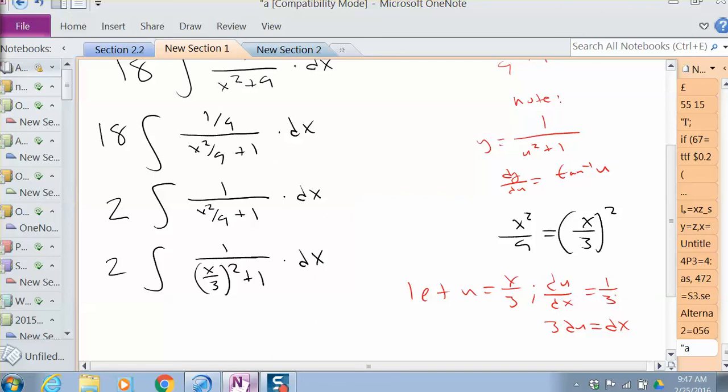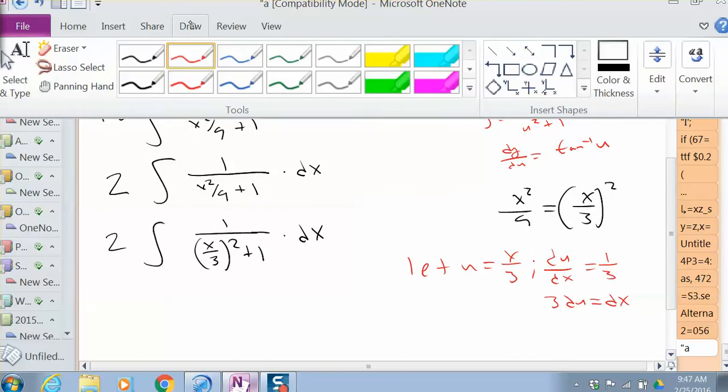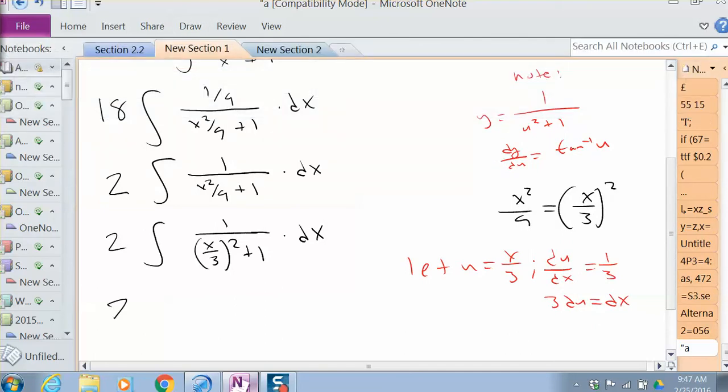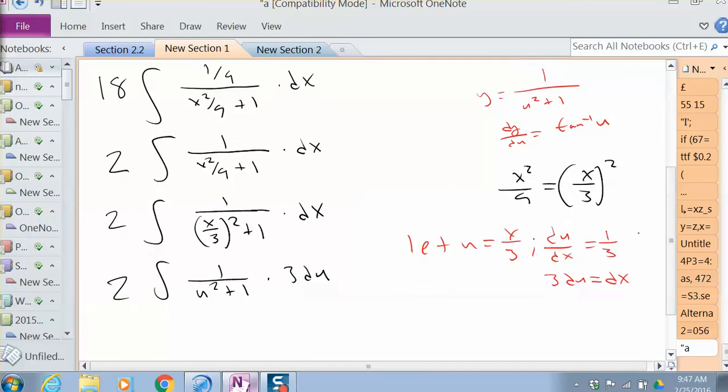And we can see that the fraction 1 over (x over 3) squared plus 1 represents 1 over u squared plus 1. So it's 2 times 1 over u squared plus 1 times 3 du, which is 6 integral 1 over u squared plus 1 times du.